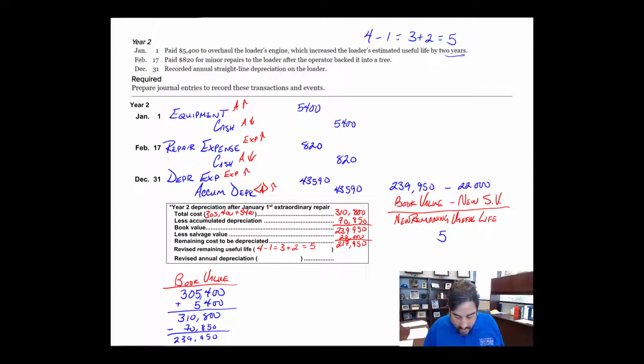And that means our depreciation, 217,950 divided by 5, is the 43,590. So if you want to use that table, if that's helpful, I filled it out there. But from the slides, it's this piece over here. That's that problem.